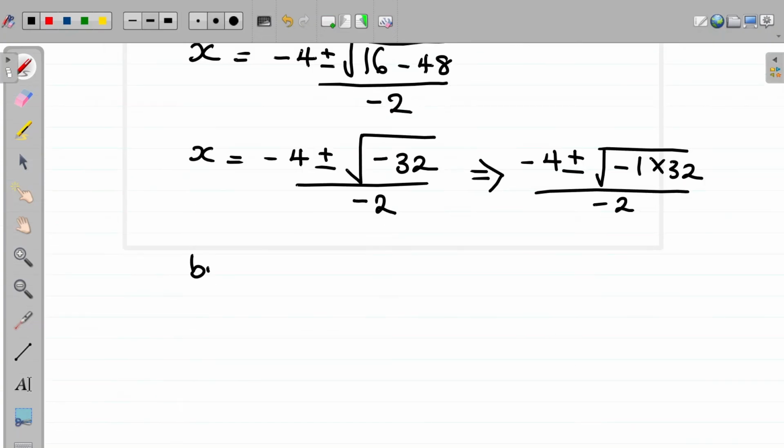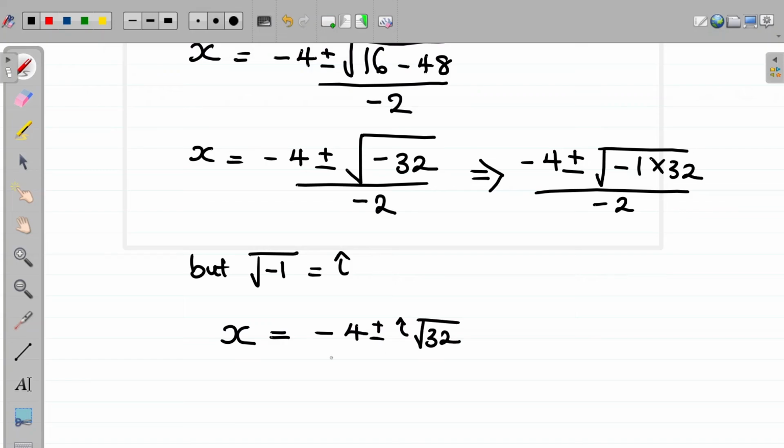But root of minus 1 is giving us i. So our equation becomes x equal to minus 4 plus or minus i root of 32 divided by minus 2.